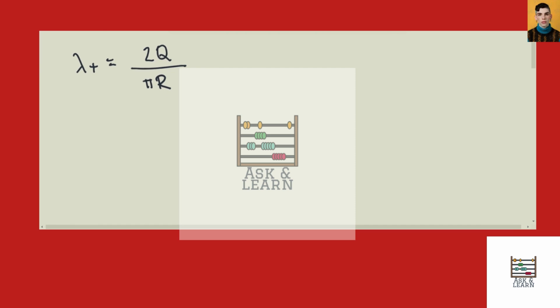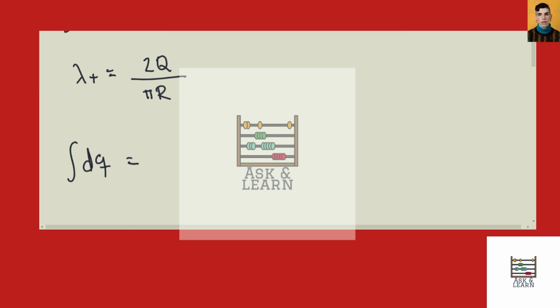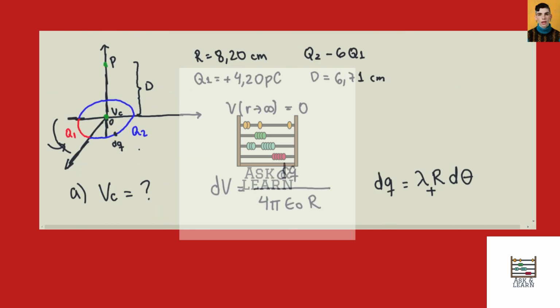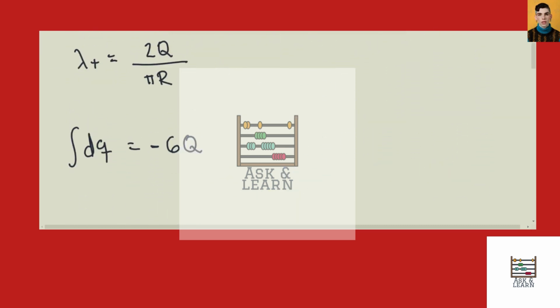Now, similarly, we can obtain the result for the negative segment. When we take the integral of this differential dq, we are going to obtain minus 6Q, because we are given that Q2, the negative part, is minus 6 Q1, which we are just going to call minus 6Q.